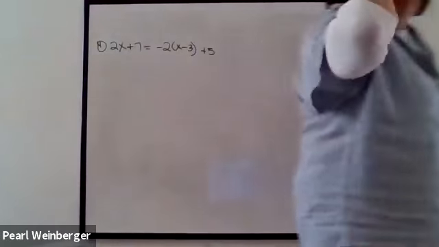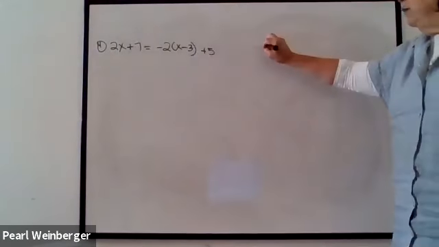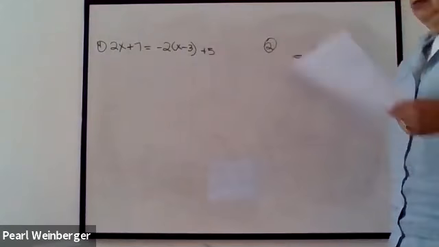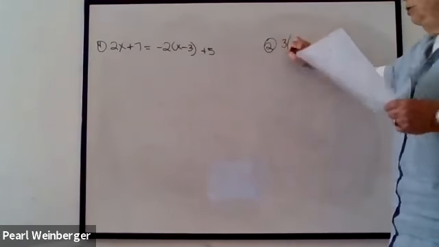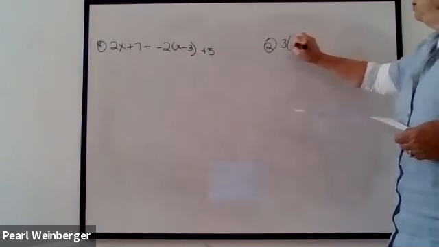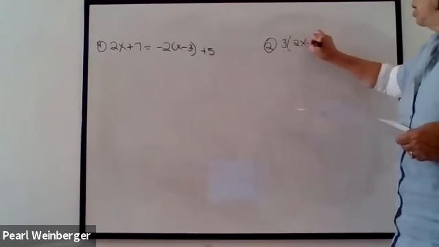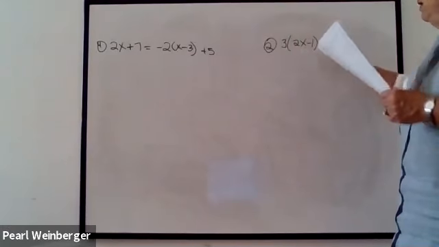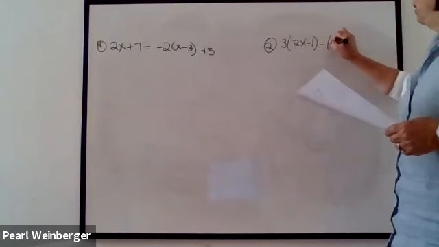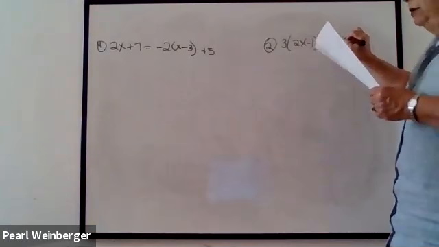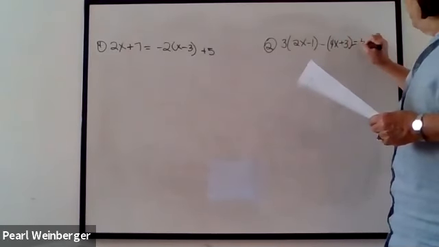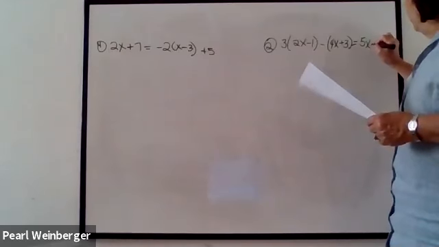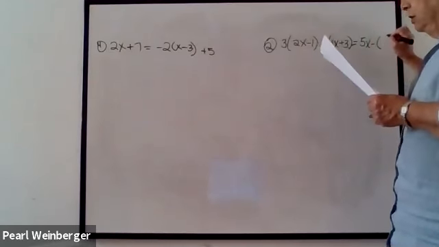The second equation I'm going to put over here, a little bit similar but a little harder, is 3 times (2x minus 1) minus (4x plus 3) equals 5x minus (7x plus 1).